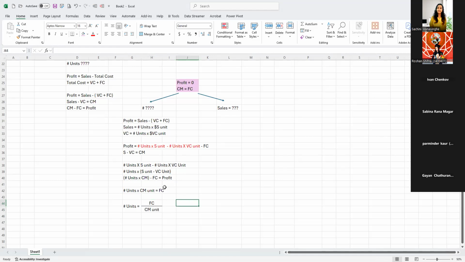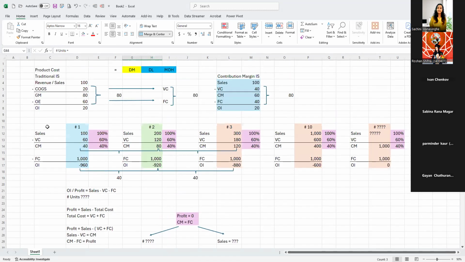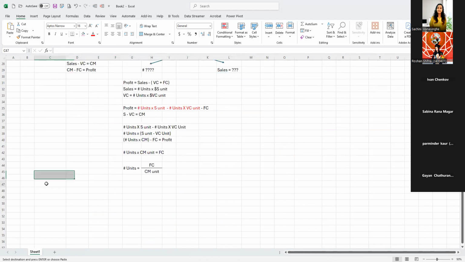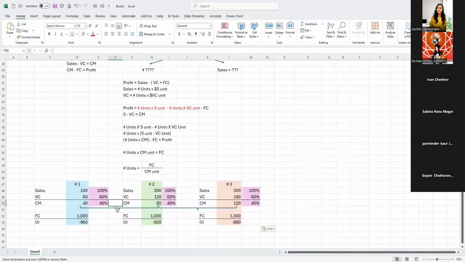So now the only question left is, does this formula actually work? In order to do that, let's test it. That's the only way we can find out if this actually works. So let's go: if we sell 1 unit, we're getting that much.